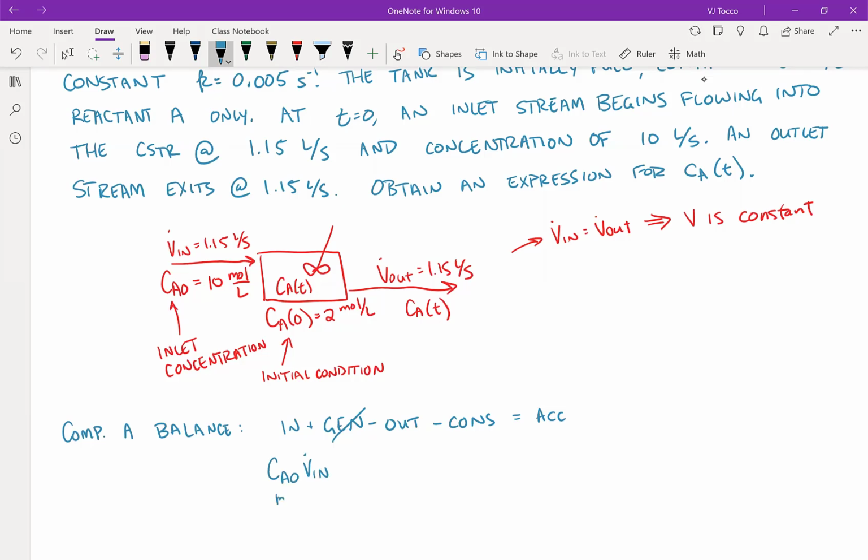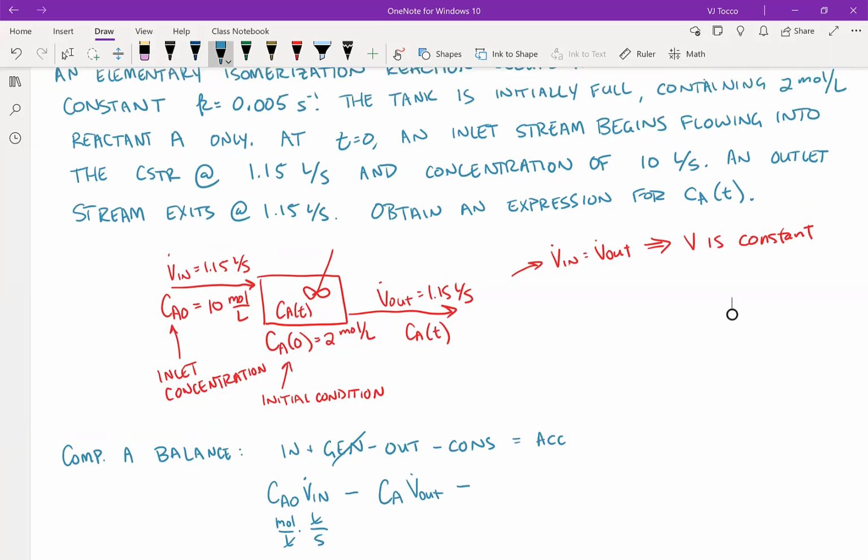Again, looking at my units, moles per liter times liters per second cancel out to give me moles per second. In a mole balance on component A, I should have each term giving me moles per second. So that's good. That's what I want. My outlet flow rate is going to be the concentration of the outlet stream, CA times V dot out.